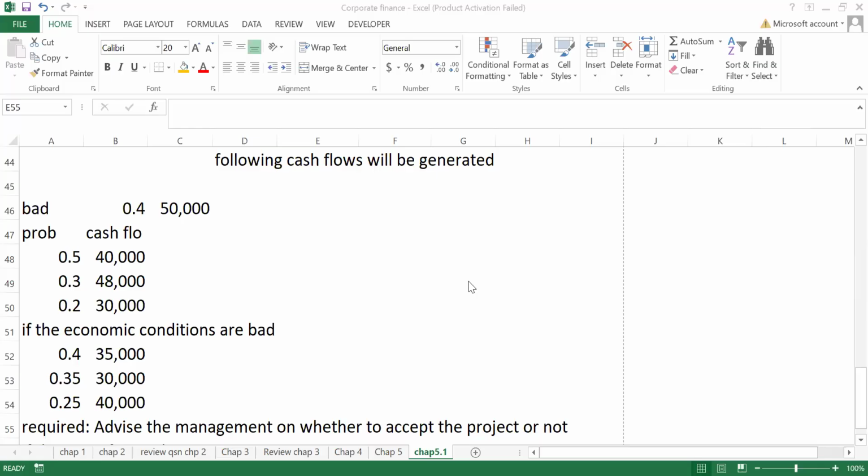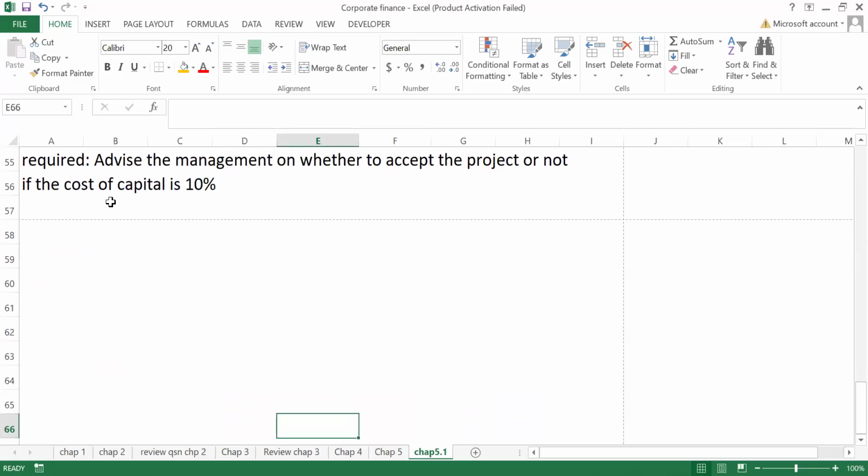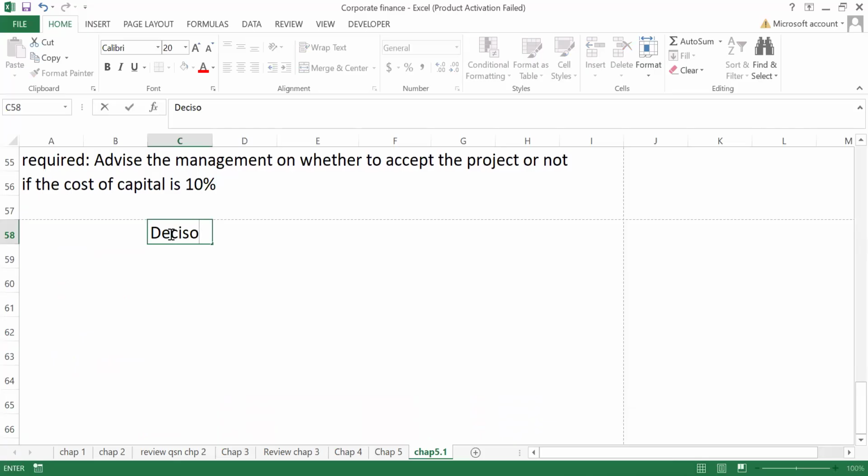Now, if the economy was bad, still you have 3 chances. That is in the second year. In the first year, you only have two options. So maybe we can present it. We are going to use a decision tree. First, we get the present value of the cash flows.